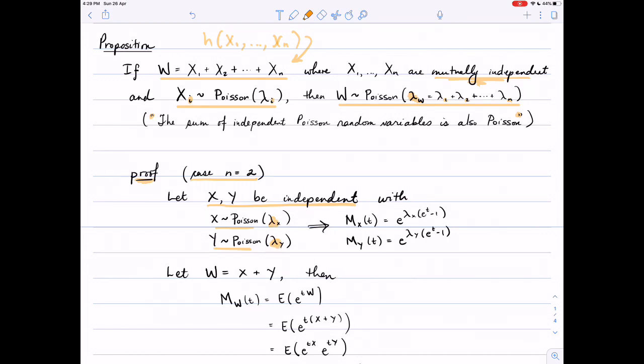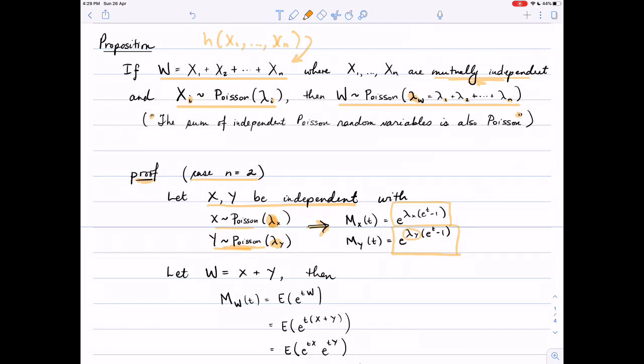Now, we saw the moment-generating function of a Poisson random variable had a very specific formula. For x with the parameter lambda sub x, the moment generating function was e to the lambda sub x times (e to the t minus 1), right? Using the same form, because the distribution is also Poisson but with a different parameter, the moment generating function for y is e to the lambda sub y times (e to the t minus 1).